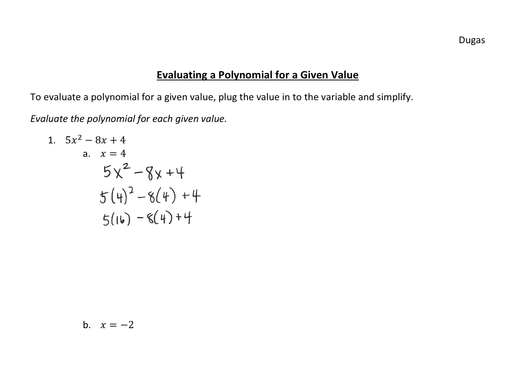Yep, 80 minus 32 plus 4. Okay, so then we'll have 80 minus 32 plus 4 is 52. So plug in the number that they give you for the variable, and then just simplify your expression.